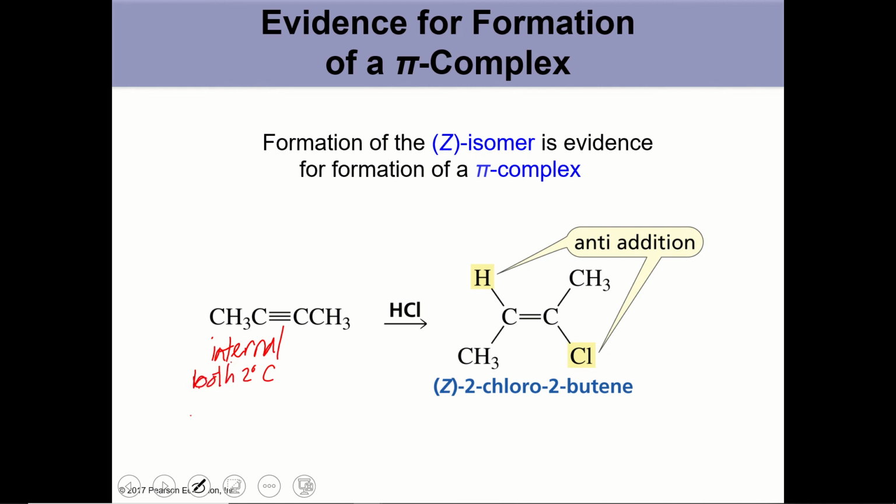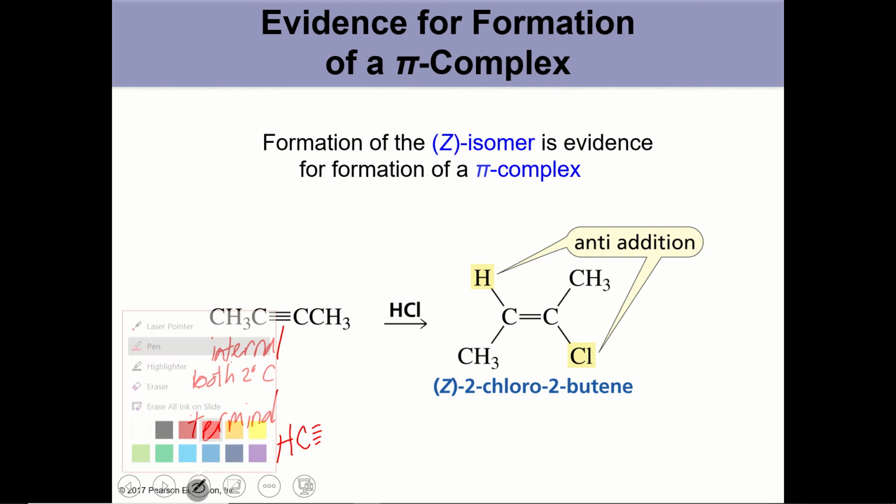Both pi carbons have 2 bonds to carbon atoms. Then the terminal alkyne, so both pi carbons are equal for an internal alkyne, would be when we have the triple bond as the last atom, or the first atom in the chain.